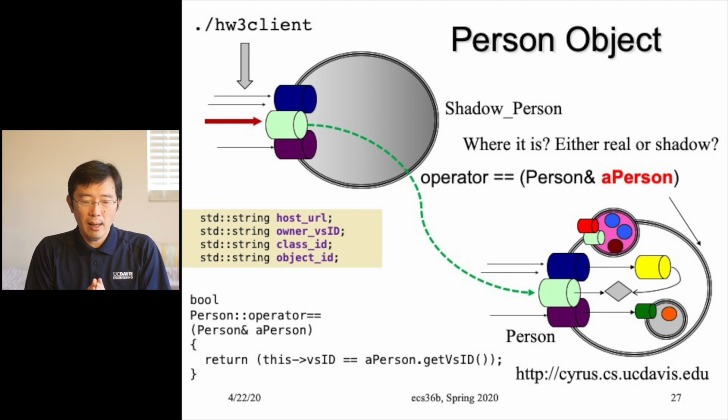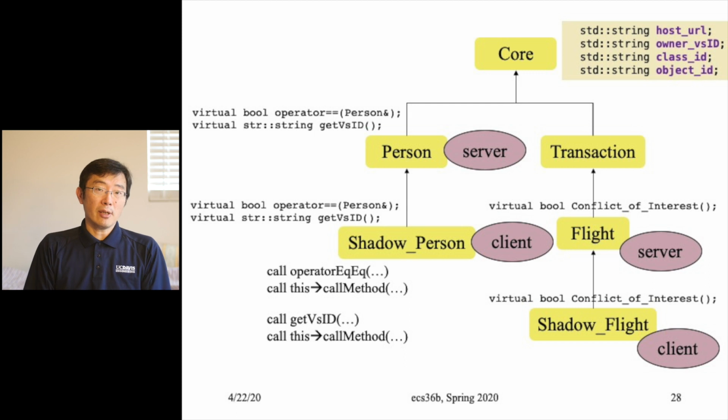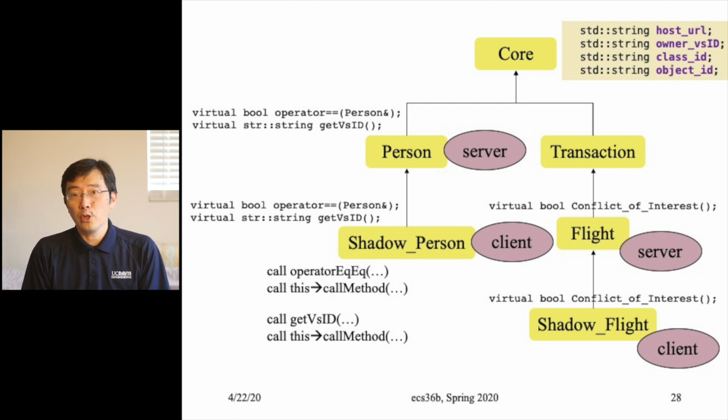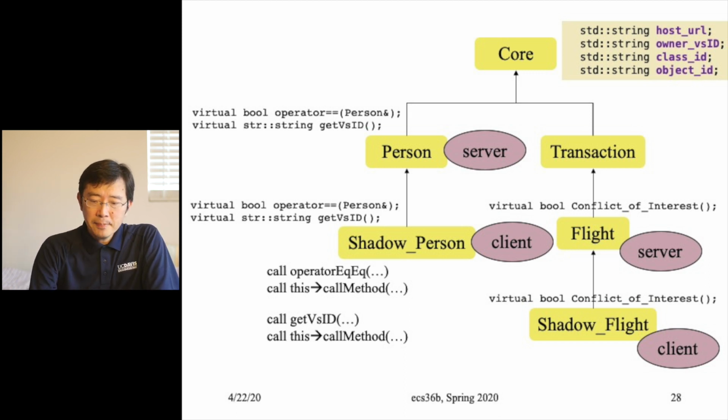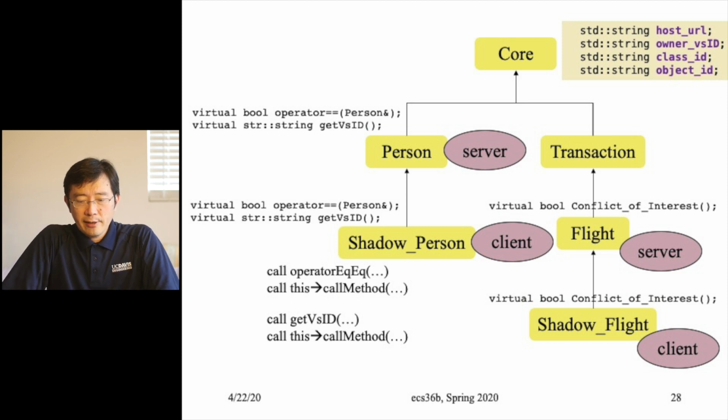If you've done everything correctly, you will get this picture. This is essentially what I hope you have after you've done steps 1, 2, 3 for part 2 of homework assignment number 3. You can see that I define the virtual function called conflict of interest in Transaction, Flight and Shadow Flight. It doesn't take any parameter.